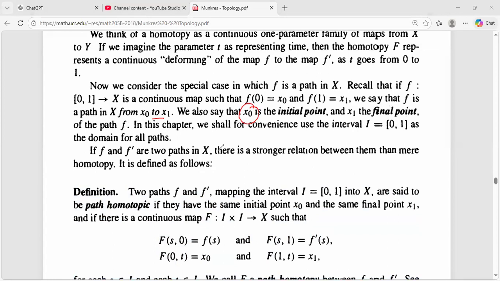In this chapter, x naught is the initial point and x1 is the final point. For convenience, we shall use the interval I, 0 to 1, as the domain of all paths.